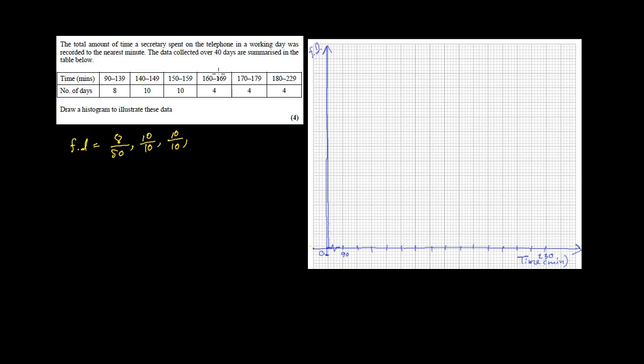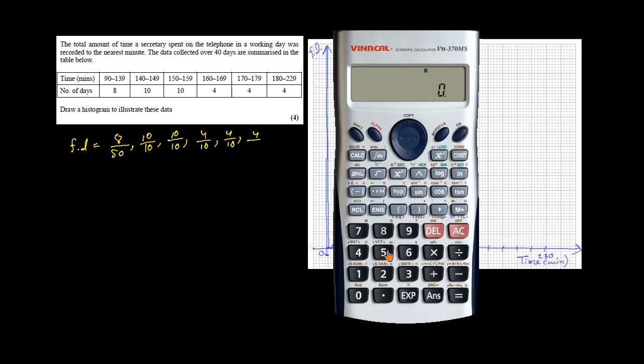Then we have 169, this is again 4 divided by 10. Then we have 4 divided by 10. Then we have another 4 divided by, let me check this one, 229 minus 180 plus 1. This is 50.